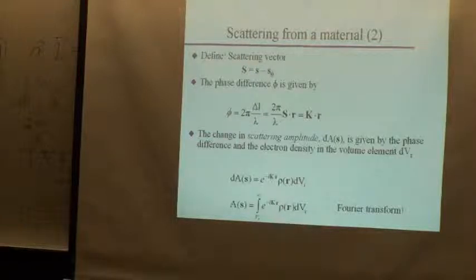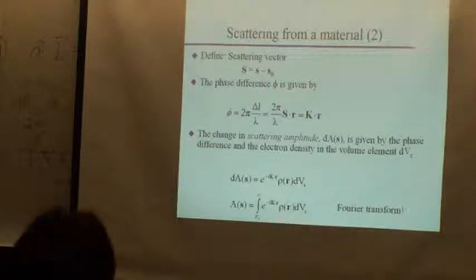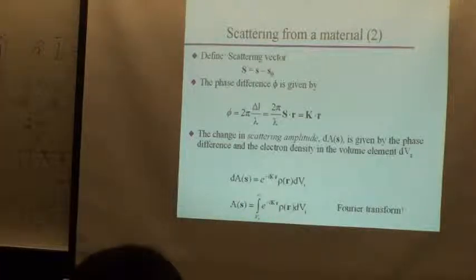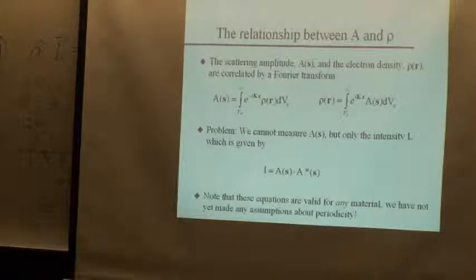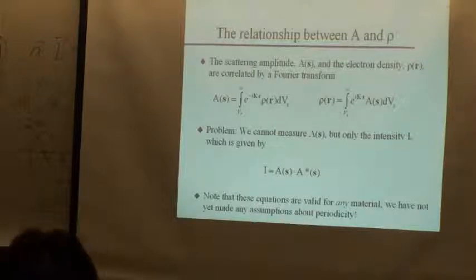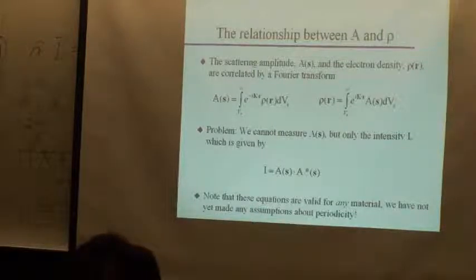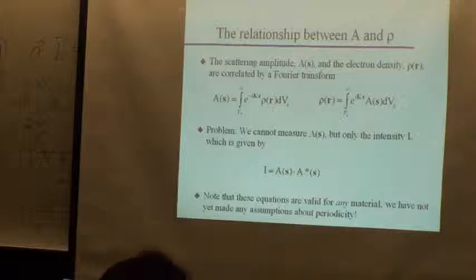So, this is what comes from all this derivation that we did. Okay? This is what we are really after. Now, so happens that the scattering amplitude and the electron density are always correlated by a Fourier transform. You can go both ways, okay?